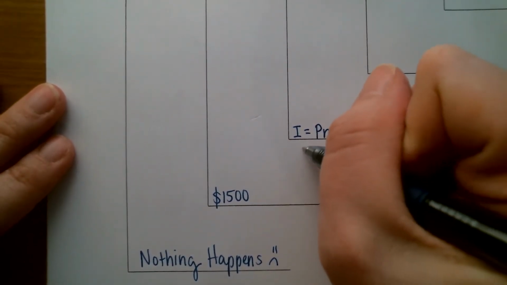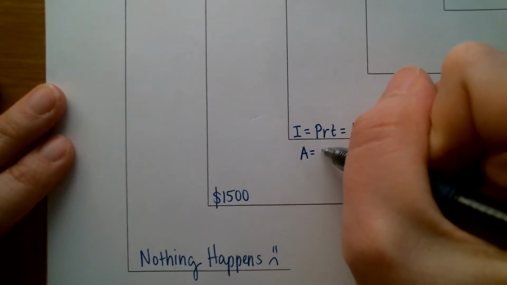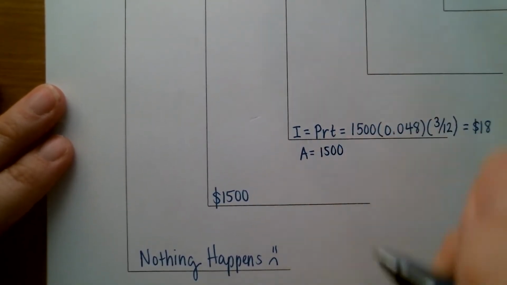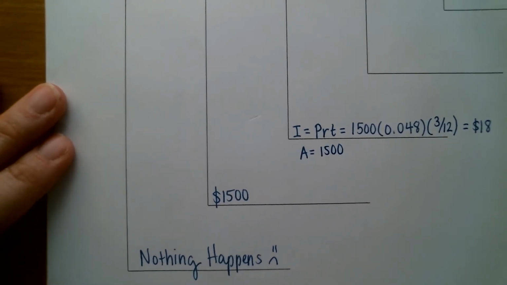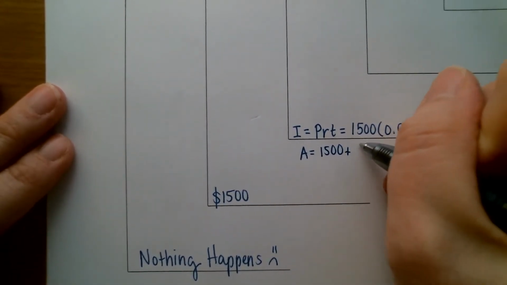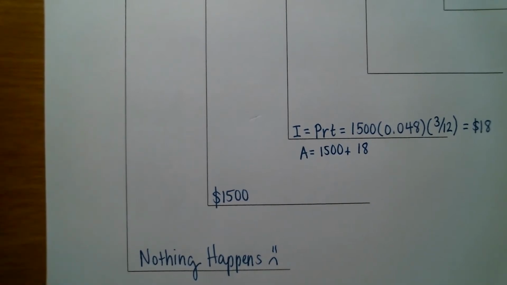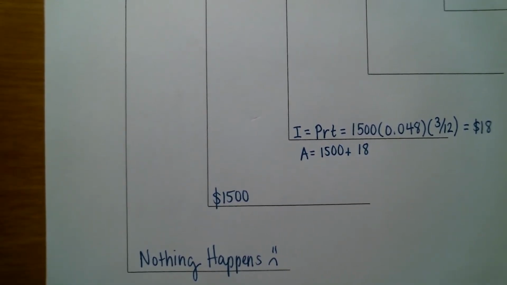So at the end of the second quarter, your total account balance is going to be the $1,500 that you've had in there, plus the $18 worth of interest that was accrued over April, May, and June. But now, this is the end of a quarter, you have to make another deposit.